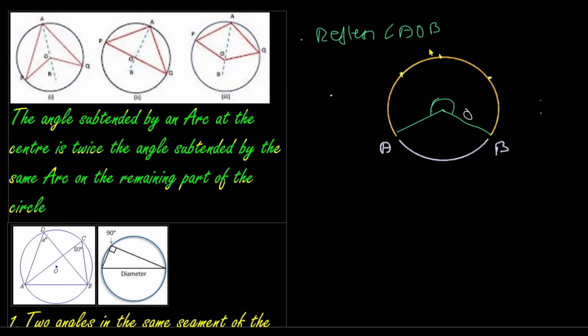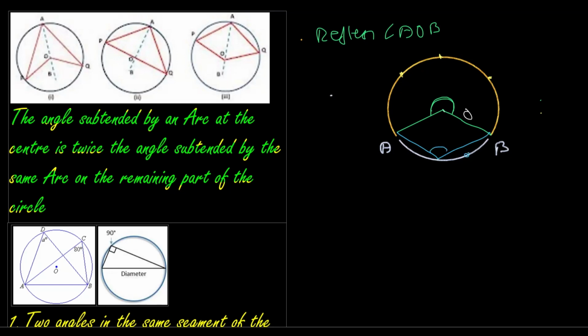Then this angle, that is reflex angle AOB, will be twice the angle subtended by the same chord on the remaining part of the circle. By remaining part of the circle, it should be anywhere over here. So if I make the angle subtended by this chord at the other portion, it has to be this.